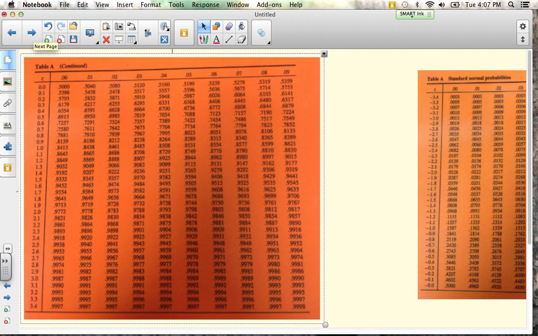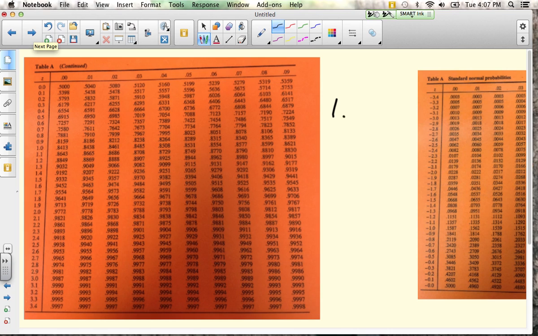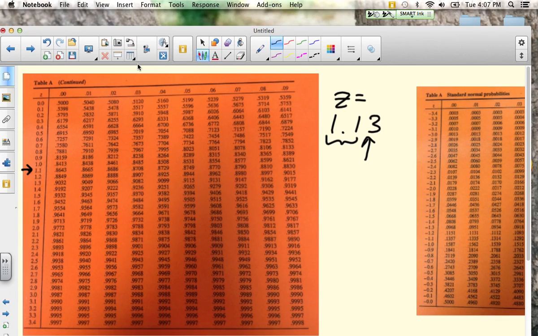Now, if I had a z-score of 1.13, if that was my standard score, what I do is I look at these two numbers first, and I find 1.1. That's this row right here. Okay? Then 0.03 is up here.